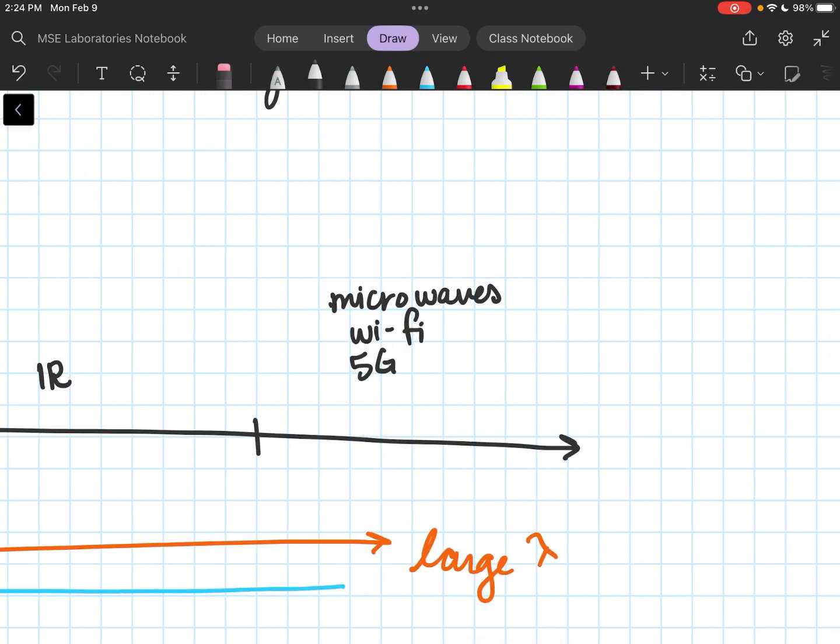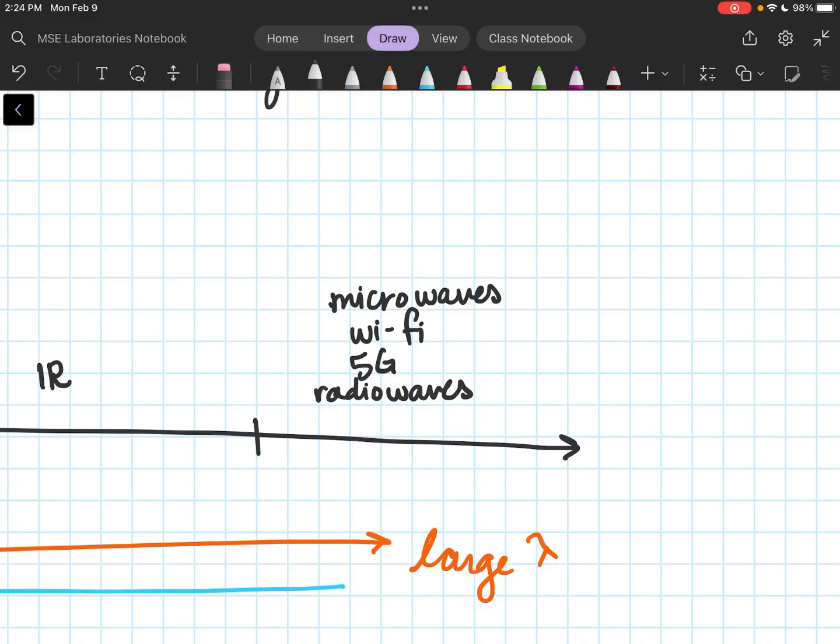Not to say that it doesn't interact with our body at all. Oh, radio waves is also way up here. Not to say that radio waves, microwaves, 5G, don't interact with our body at all. More just to say that it is not destructive on an elemental level of our bodies.